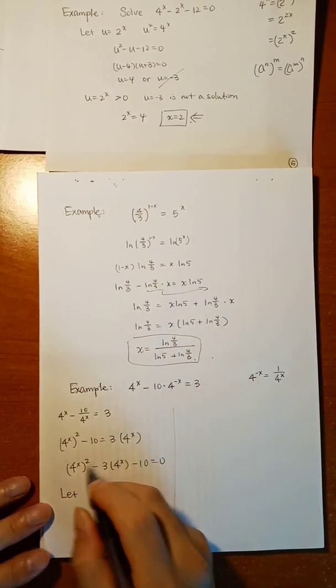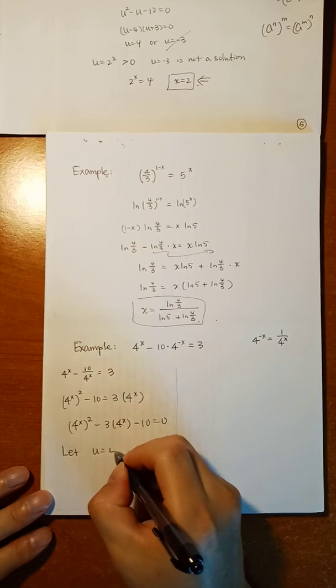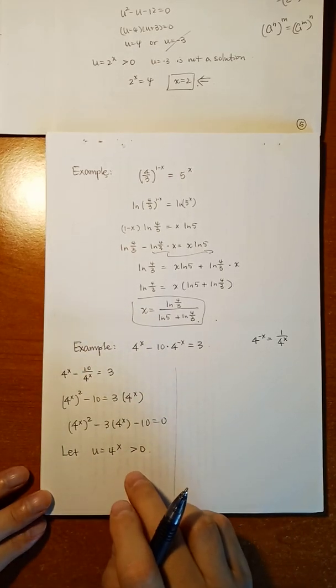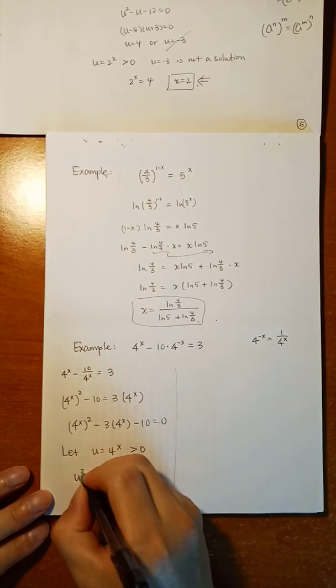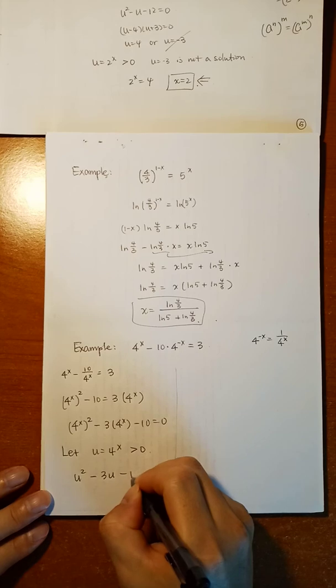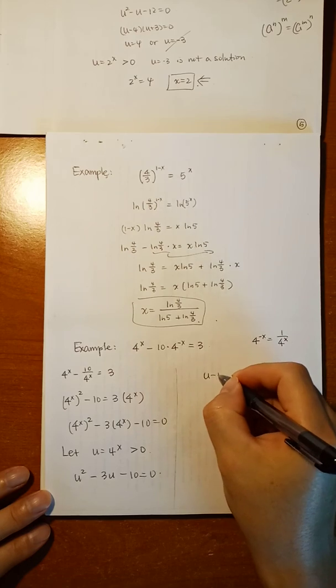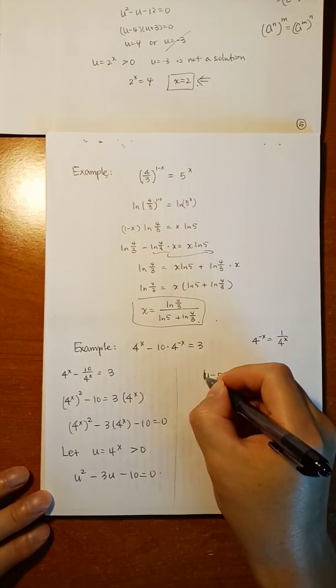And this is a quadratic in form. So let u be 4^x, which is greater than 0, since the range of the exponential function is greater than 0. Then this is really a quadratic in form. And so (u minus 5)(u plus 2) is equal to 0.